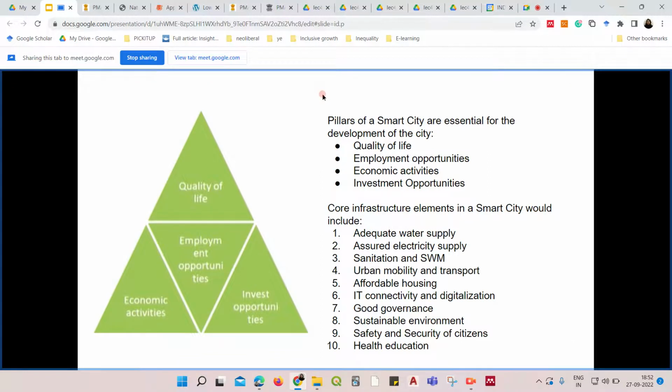So you would have seen this diagram associated with the pillars of smart city. When you talk of pillars of smart city, what it talks of is basic infrastructure, which we've seen from the options, and what this infrastructure needs to help us achieve are the elements which are essential for development of the city. So these elements are quality of life, employment opportunities, economic activities, and investment opportunities.